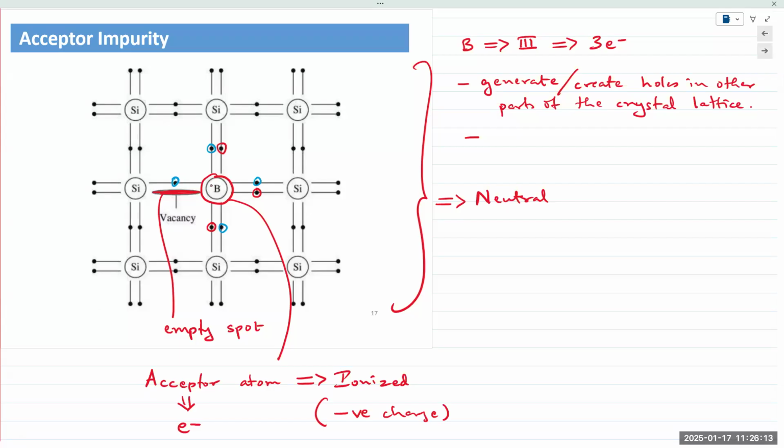Acceptor atom is accepting an electron, so it has one extra negative charge, so ionized negatively. And then, of course, because of the generated holes, we refer to this as the p-type semiconductor. So column 3 elements, p-type material; column 5 elements, n-type material.